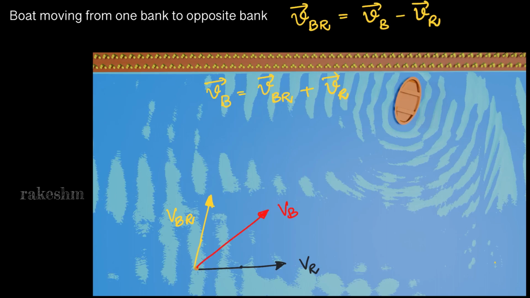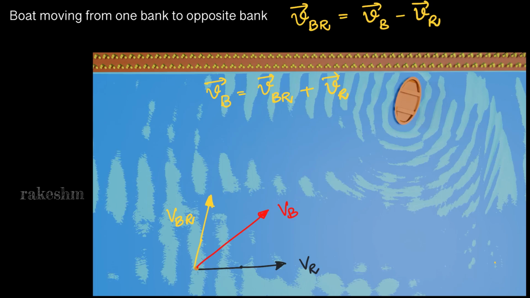So this is the direction of velocity of boat with respect to ground. From the relative velocity formula, we have velocity of boat with respect to river equals velocity of boat minus velocity of river. Now I will just take the river to this side. So we get velocity of boat equals velocity of boat with respect to river plus velocity of river, that is VBR plus VR.